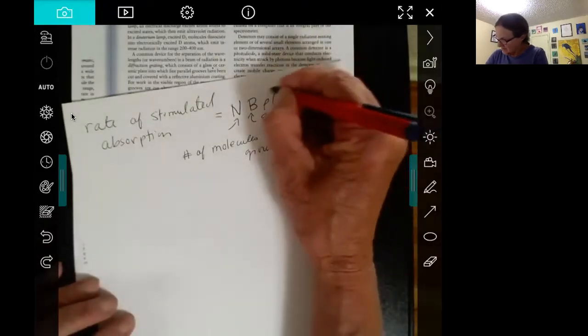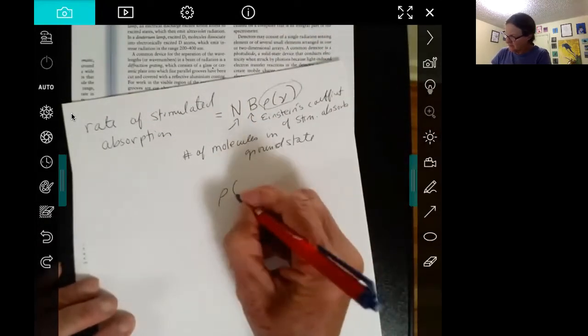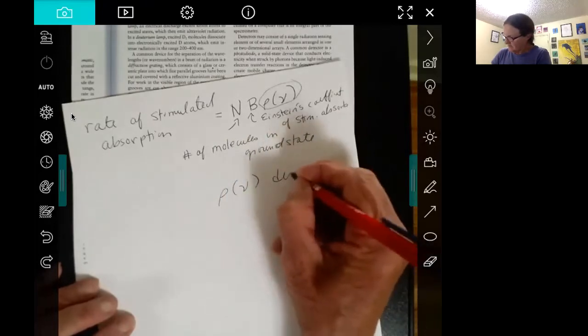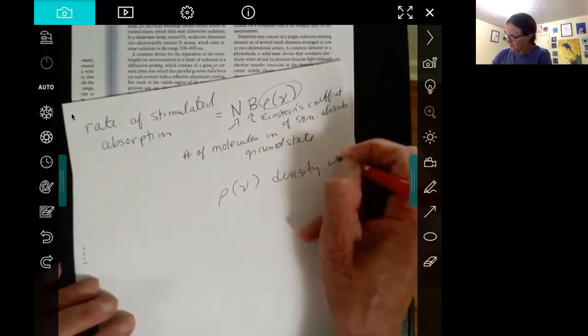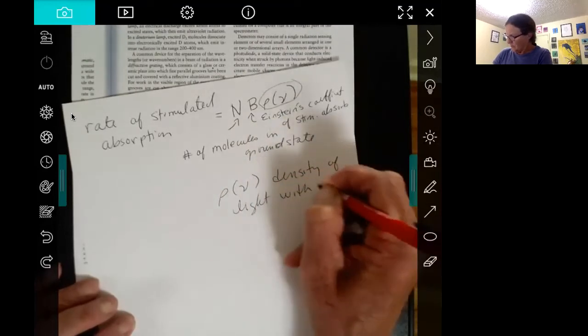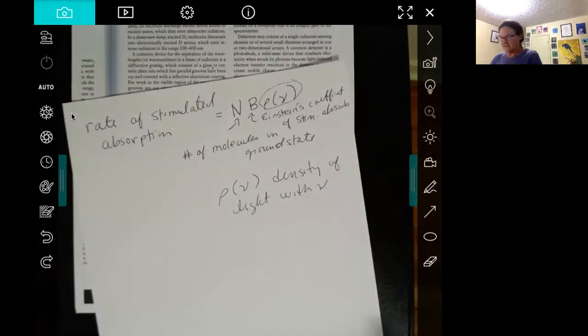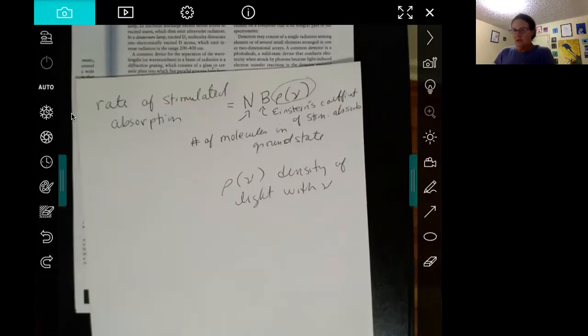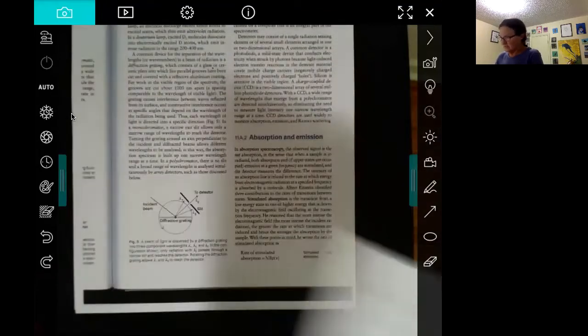And then this is simply the density of light with a frequency of nu that you're passing through your sample. So you pass light through your sample. If atoms or molecules are in the ground state, light can be absorbed according to this equation.